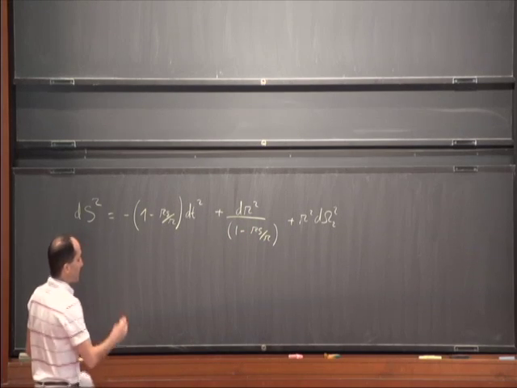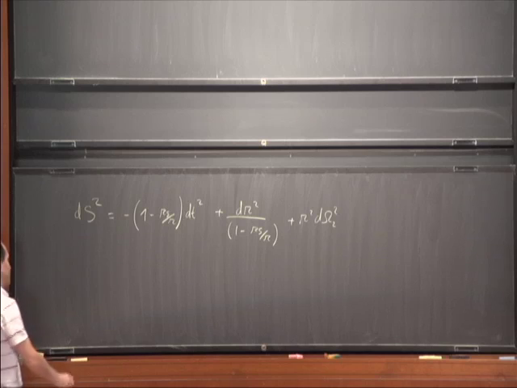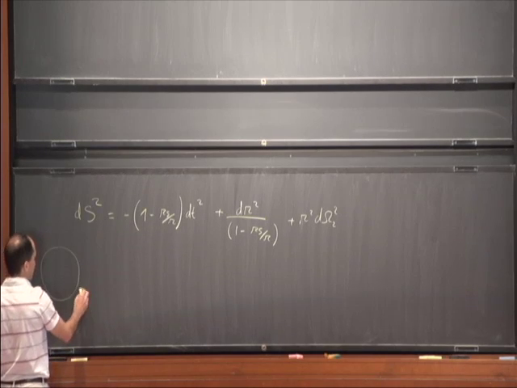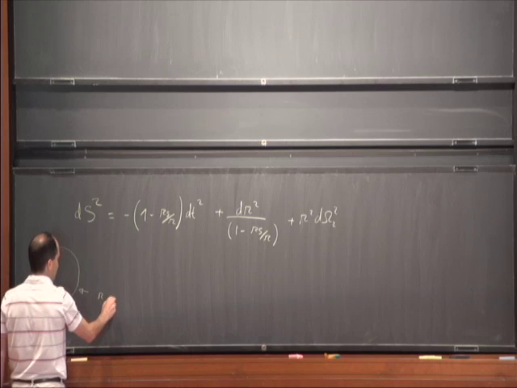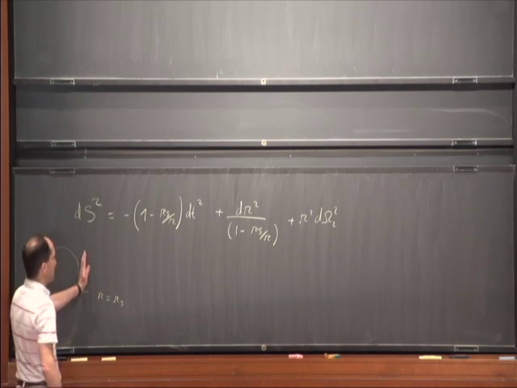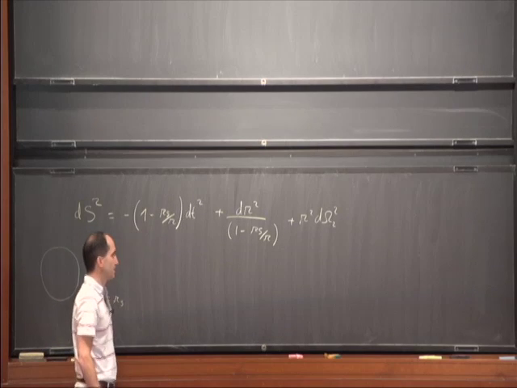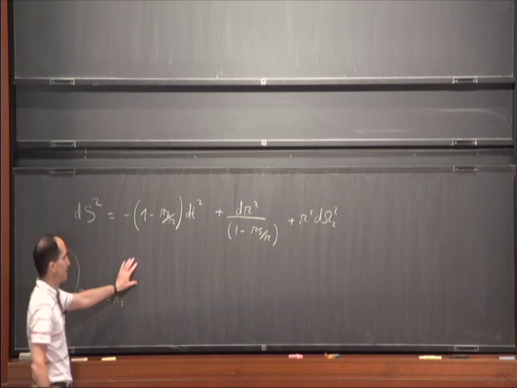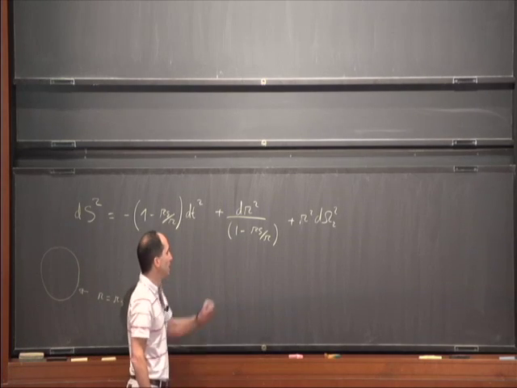So this is describing the metric outside the black hole. Outside the horizon of the black hole, there is a horizon at r equal to rs. And this is describing the metric of the space-time outside this horizon. We'll later discuss what's inside the horizon, but for the time being, we're discussing what's outside the horizon.